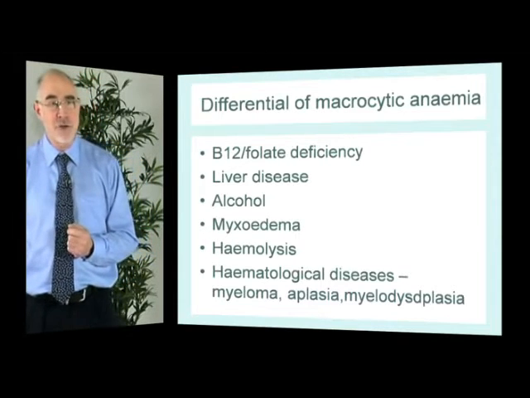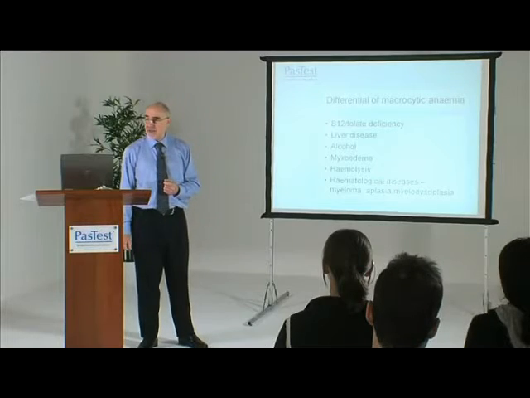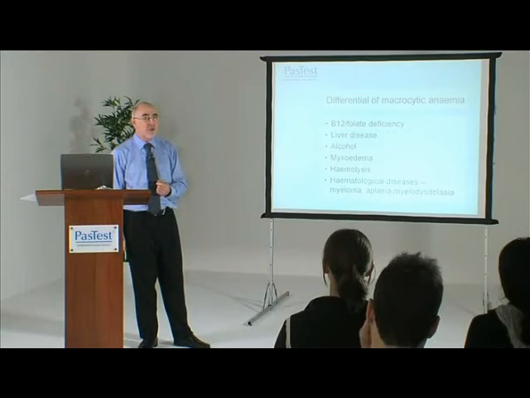Alcohol can give you macrocytosis in at least 3 ways. First of all, alcohol is a poison to your bone marrow and will result in defective red cell production. Secondly, alcohol taken long-term in excess can result in liver disease. And thirdly, alcoholics are not very good at eating 5 a day of fresh fruit and vegetables and may run short of folic acid.